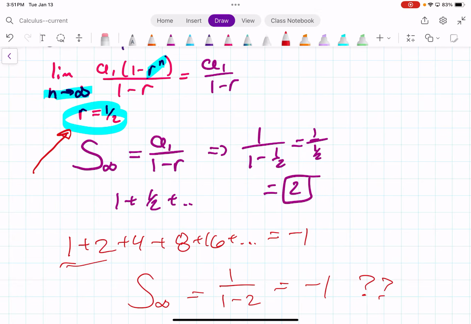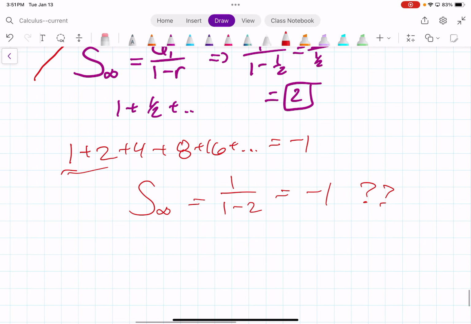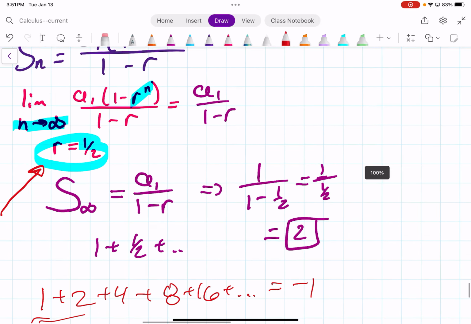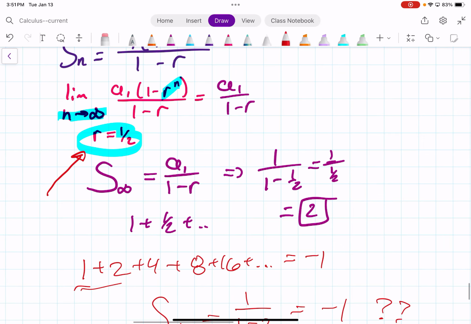So it is true that r has to be less than 1, but I want to be a little careful about saying that, because the number negative 10 is also less than 1. It also has to be bigger than negative 1.